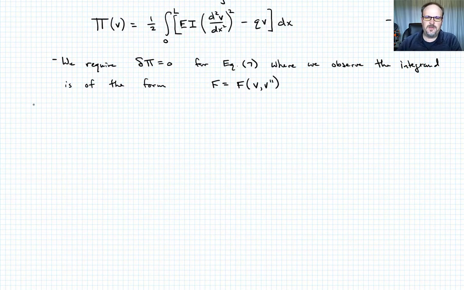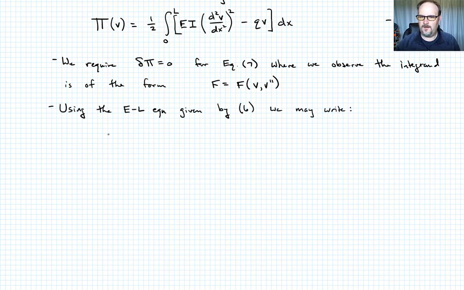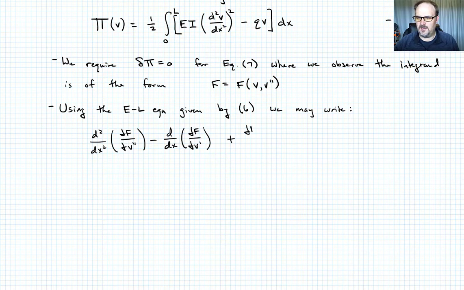Now we want to use the Euler-Lagrange equation given by equation 6 in conjunction with this class of functional. This would look like d squared dx squared of partial of f with respect to V double prime. That's really our variable now. Minus d by dx of partial f with respect to V prime, plus partial f with respect to V is equal to 0.